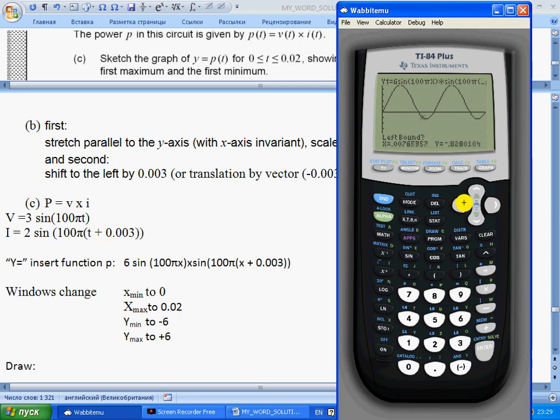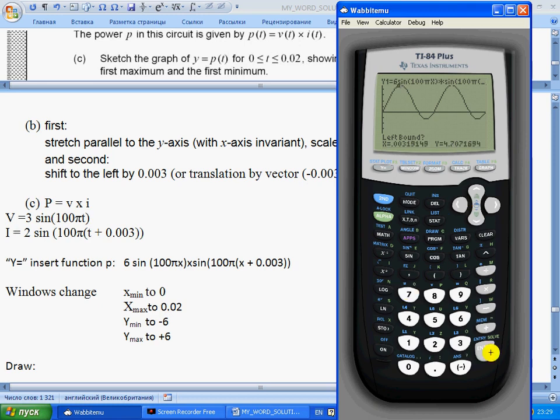So I am moving the trace for the left boundary of the first maximum. I should jump over the maximum. Yeah, I jumped over the maximum.